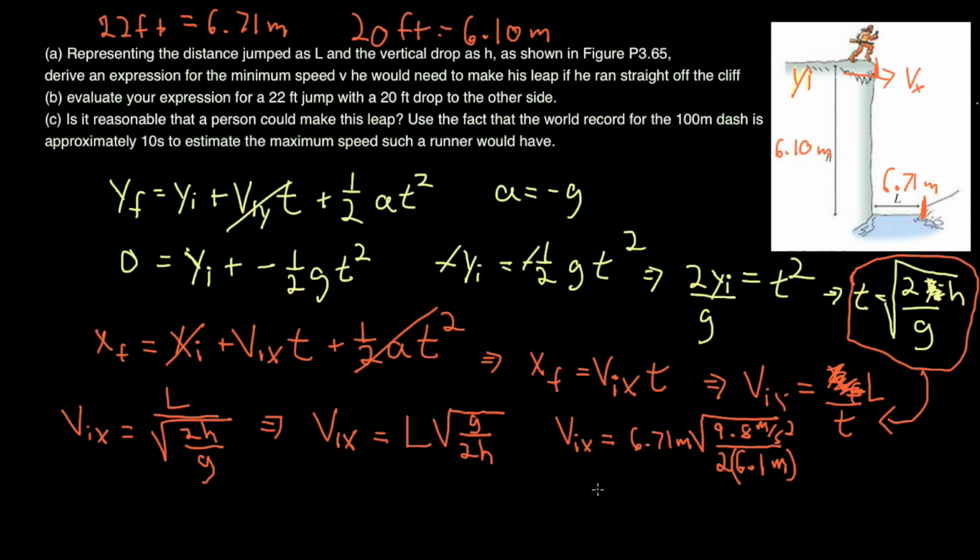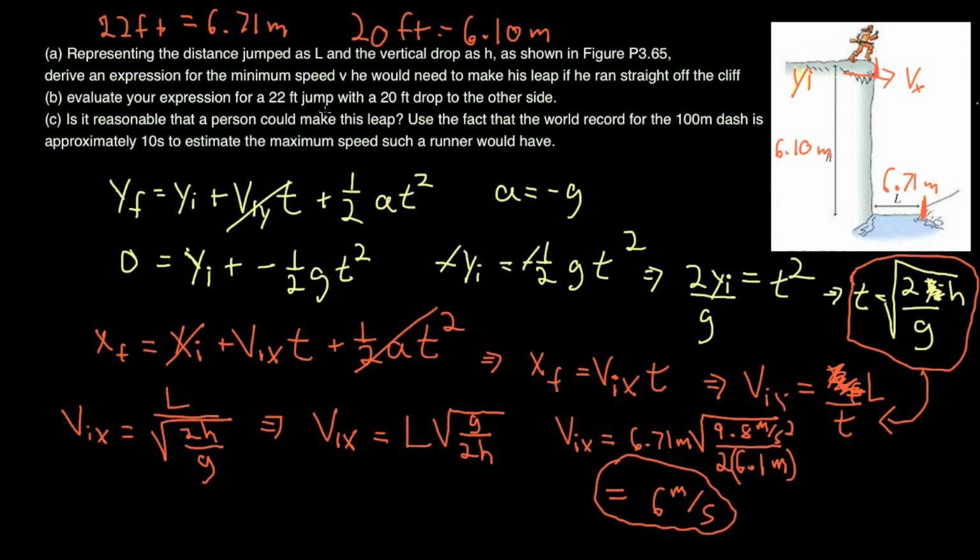And when you put this all in your calculator, you get 6 meters per second. Okay, so that's part B. Let me circle that. So that's part B, and now let's go to part C.